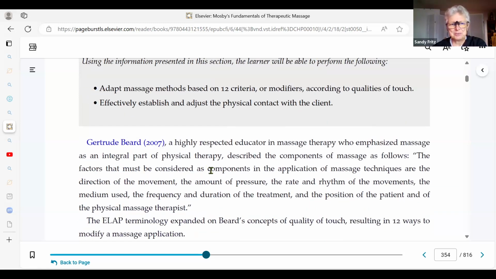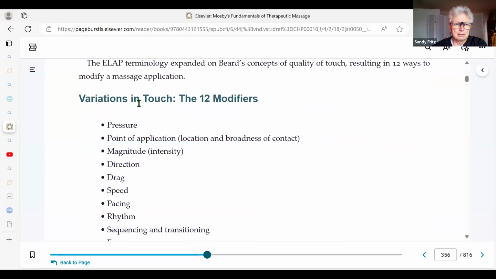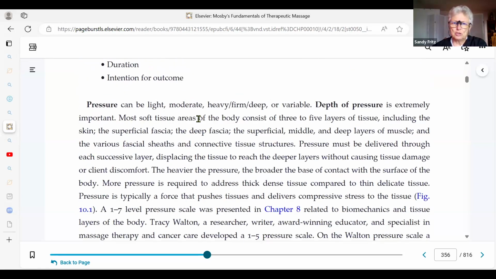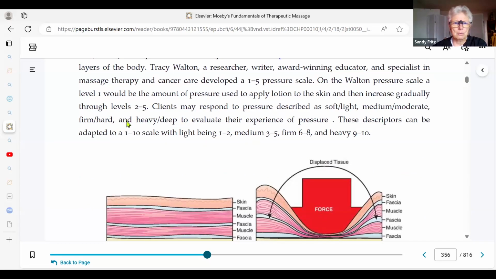I would have liked to. She actually captured this type of language in her initial book called Beard's Massage. So read through this. This should feel familiar to you, along with the variety of pressure scales.